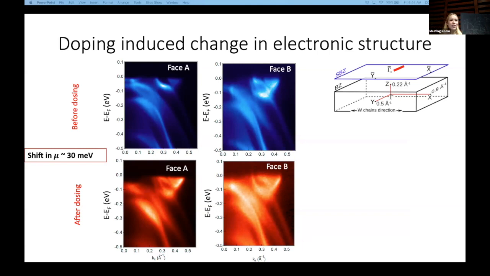So I mentioned earlier that the control knob that we have as an experimentalist is how much time we've been evaporating potassium on the surface. So that is not a good way to surmise how many electrons you've added, because the way it happens is the first couple of potassium atoms usually do donate their electrons, but what that does is it sets up an electric field that opposes further potassium atoms from donating their electrons.